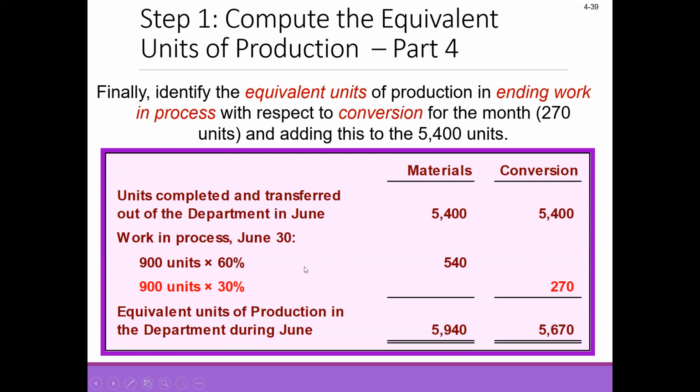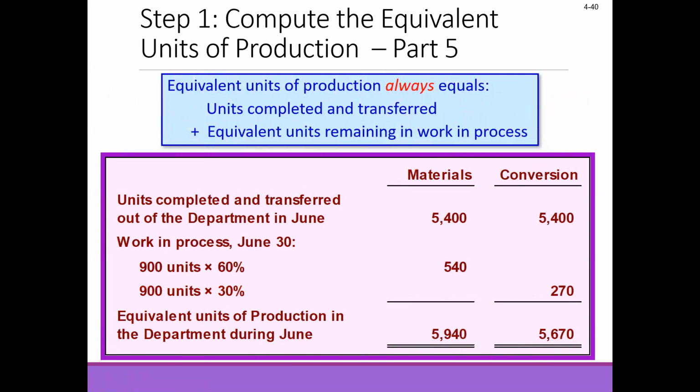So now we have equivalent units of production in the department during June. Equivalent units of production will always equal units completed and transferred, plus equivalent units remaining in work in process. This is the equivalent units of production.